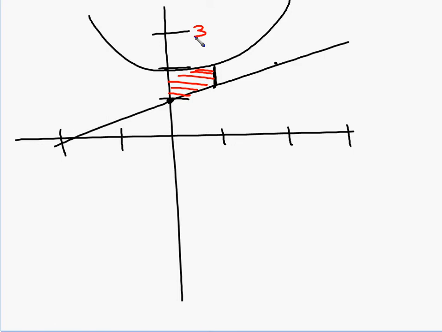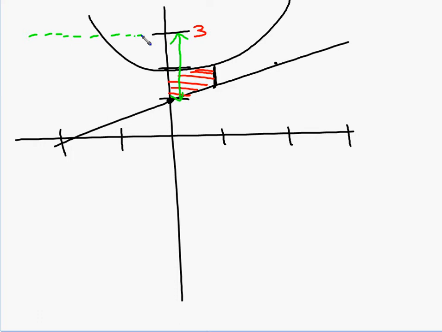So we need to think of what the outer radius of this little mess is, of this little three-dimensional figure. So the outer radius, isn't it this? Isn't that the outer radius? Right? The outer radius, okay, because this is my center.